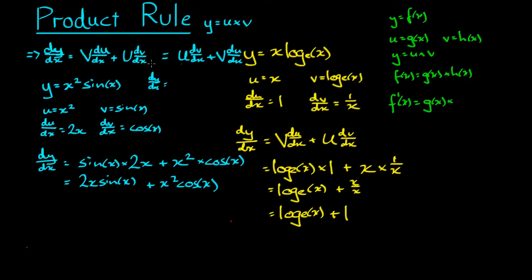Sorry, I've got that in the wrong order. We'll start with v. So we've got h of x times, normally we have du/dx, but here du/dx is just going to be g dash x, and then that's plus on the other side g of x, which is u, times dv/dx, which in this case is h dash x.